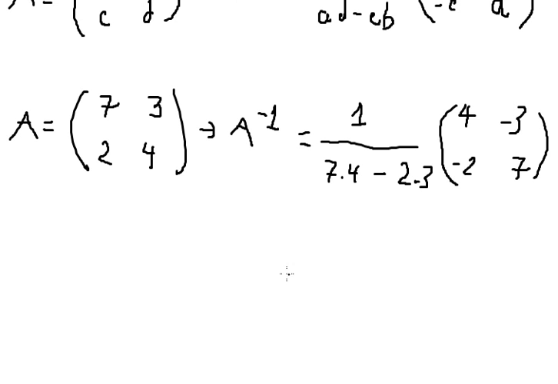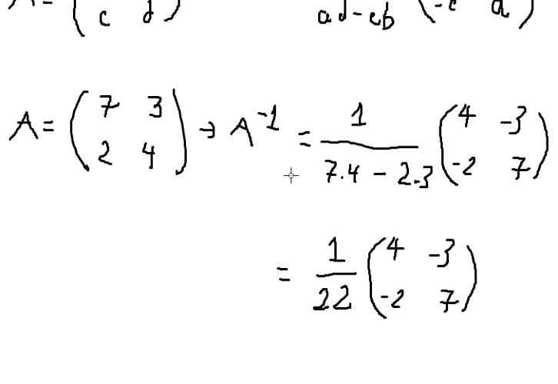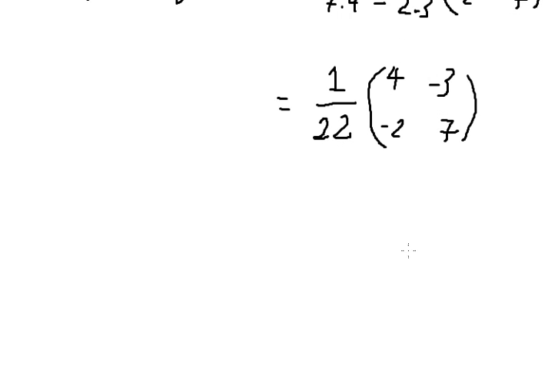This one we got 1 over 22, and we have the matrix. So we have 1 over 22 multiplied with [4, -3; -2, 7], and we got the final answer.